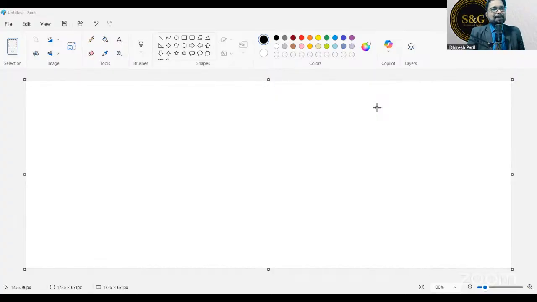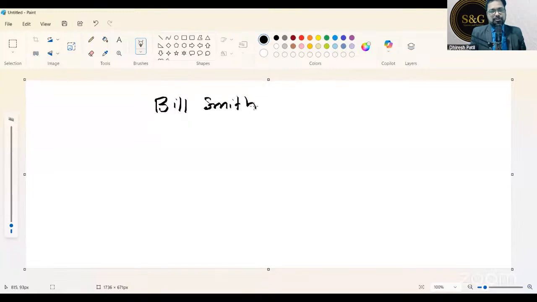Exactly, Ramanuj ji has got the right answer: Bill Smith. Bill Smith basically built the Six Sigma model first. Just for your information, he was from Motorola, because Six Sigma originated in Motorola.